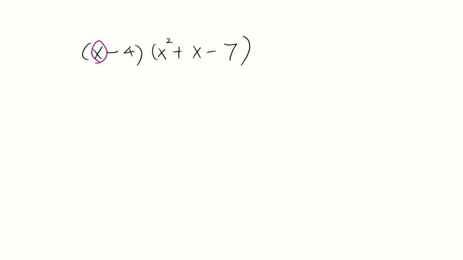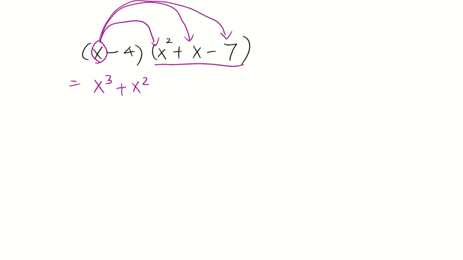I'll distribute this x into each term in the trinomial. So first, x times x squared, that will give me x cubed. Now distribute this x to x, x times x is positive x squared. Now distribute x to negative 7, negative 7x. I'm done distributing the x term.